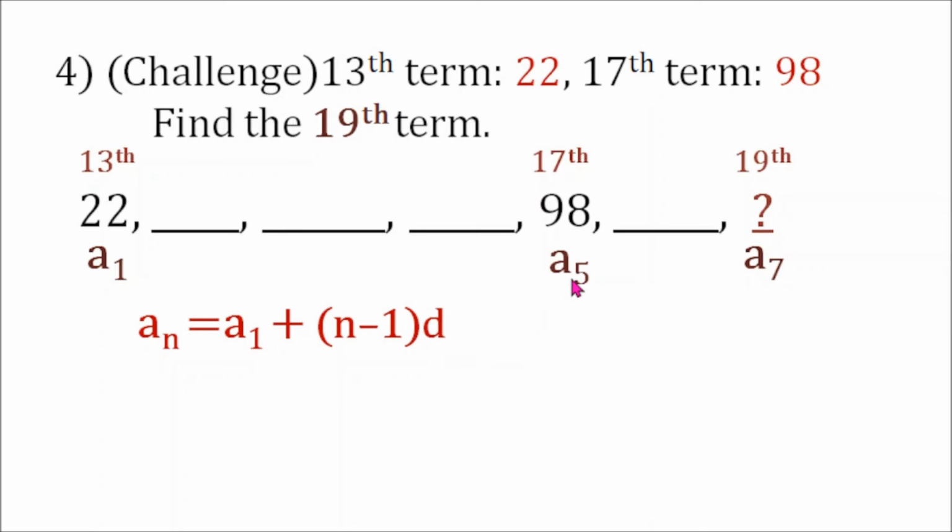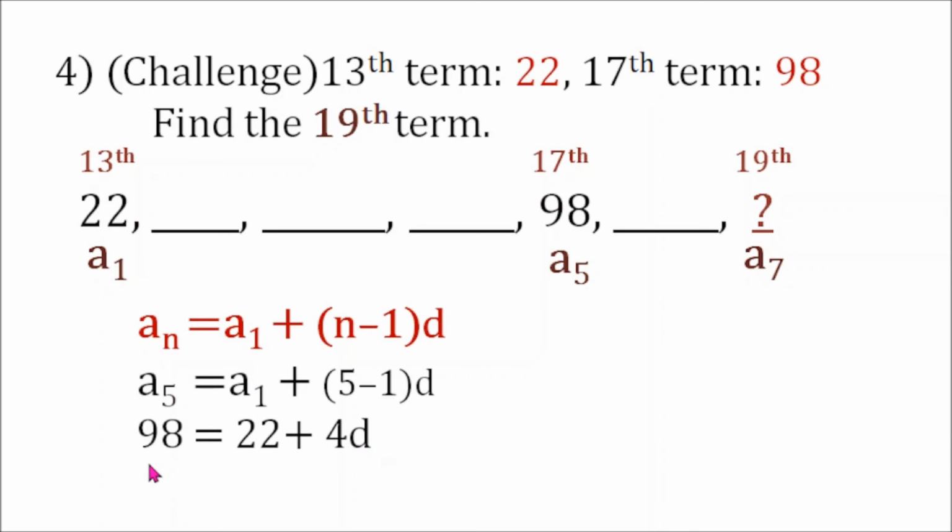So we have a sub n becomes a sub 5, then a sub 1 plus n minus 1 times d. Now our a sub 1 is 22 and our a sub 5 is 98. So that means 98 equals 22 plus 4d, because 5 minus 1 is 4 times d is 4d.